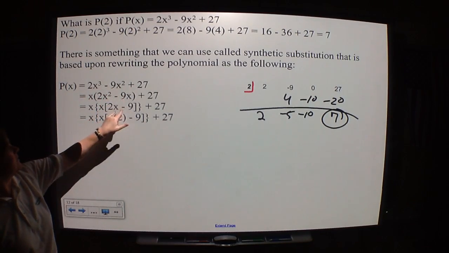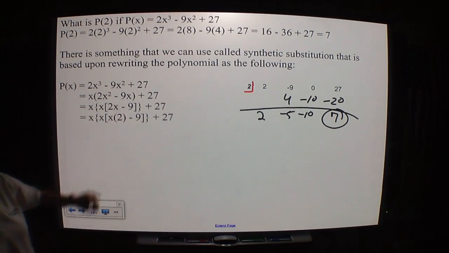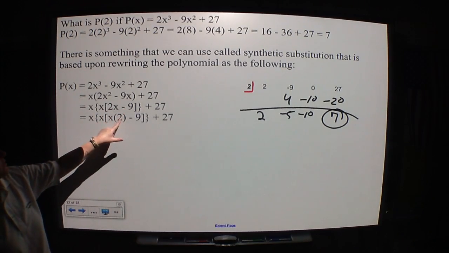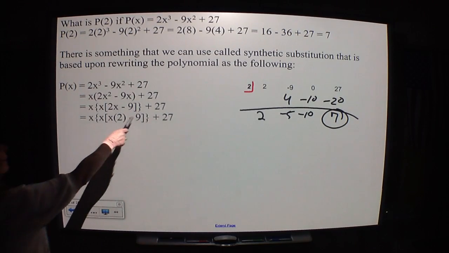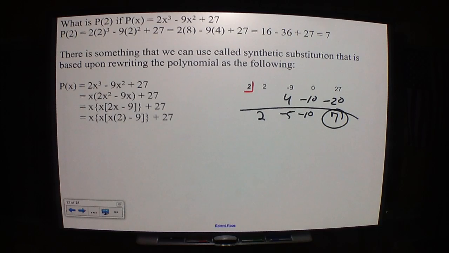And then I took this and factored out an x from there. And then this is the first thing I did right here. So really you're just starting with that 2, and then you're subtracting 9. So there's your subtracting 9, and so forth. But synthetic division works so quickly that you can easily use synthetic division instead of plugging in.